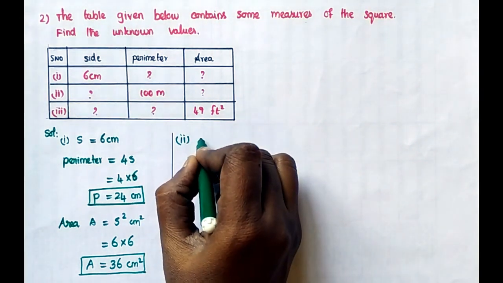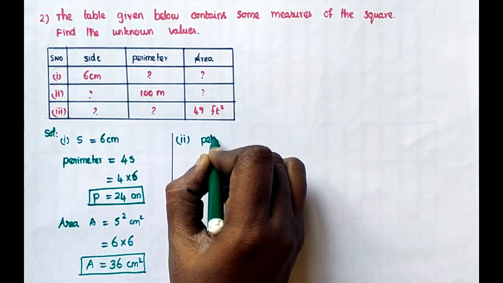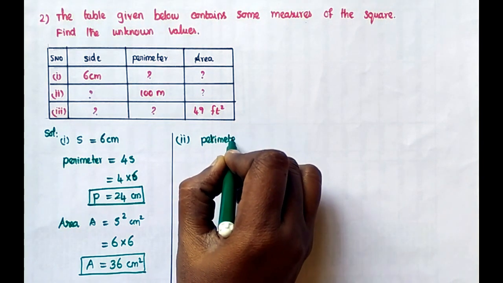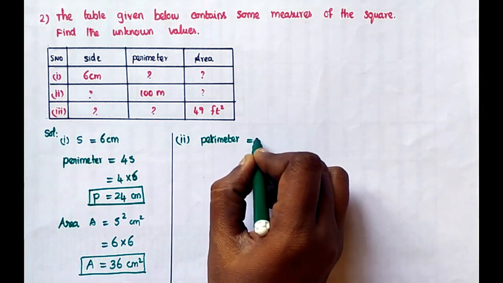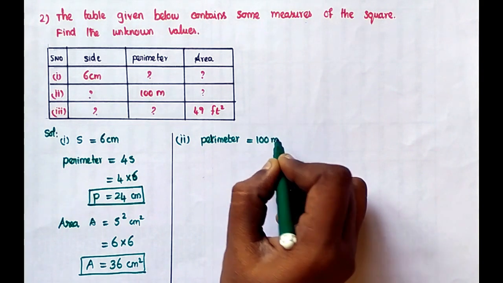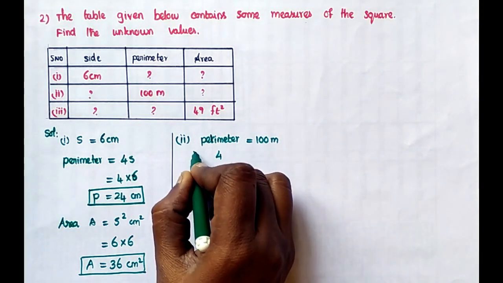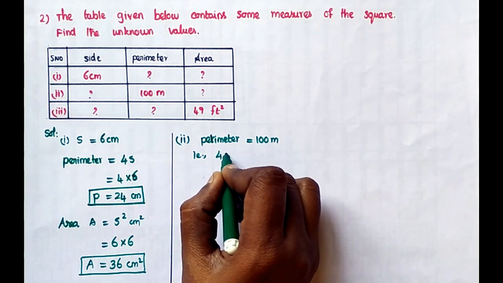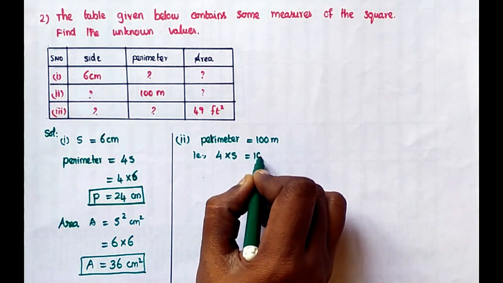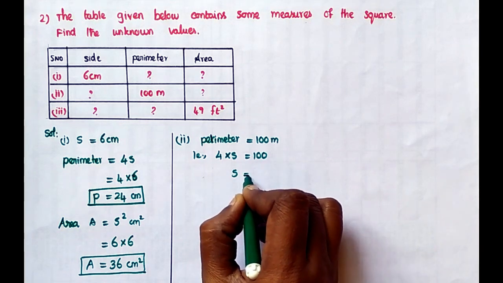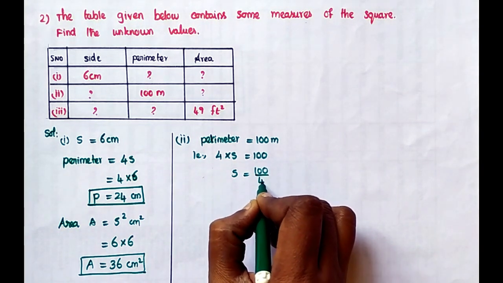Next one, they given perimeter. We have to find out area and the side. What is perimeter? 100 meter. Perimeter, that means apply the formula 4 into s equal to 100. So s equal to 100 divided by 4.